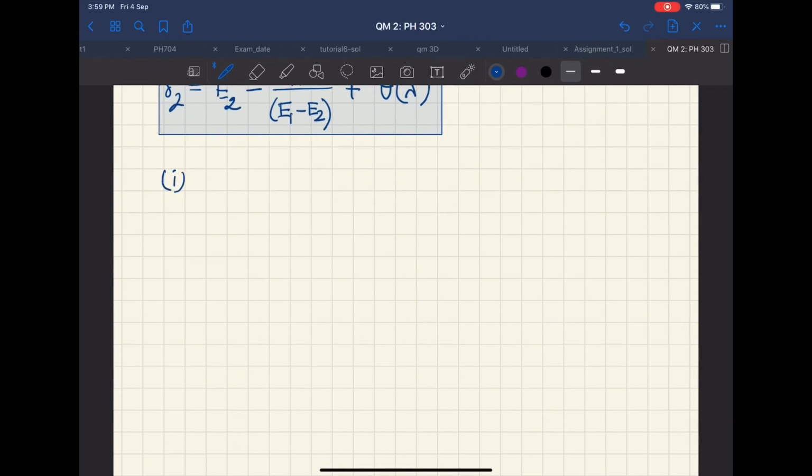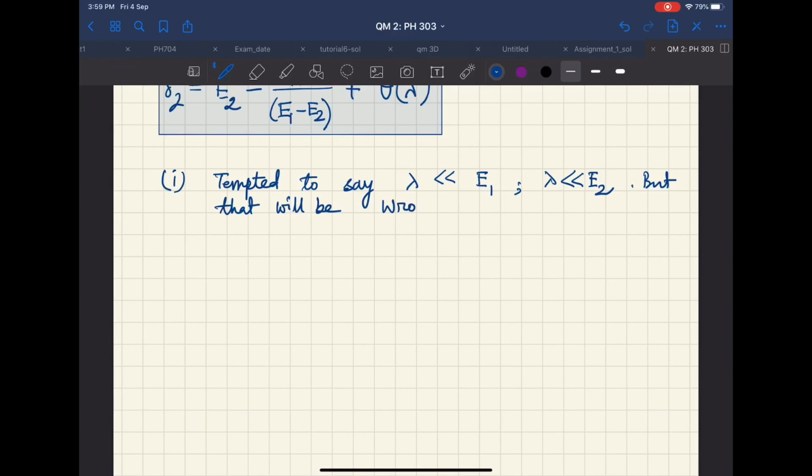Looking at the problem, you might be tempted to say lambda is much smaller than E1, lambda is much smaller than E2, but that will be wrong. The correct thing is that lambda is much smaller than the difference between E1 and E2.